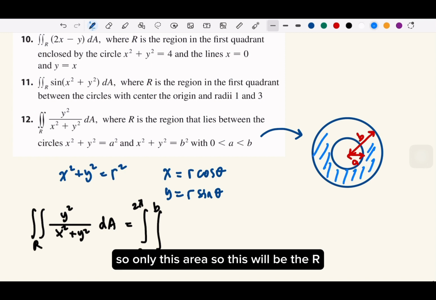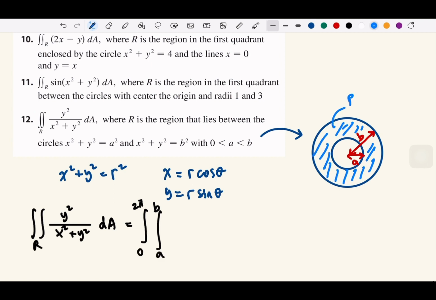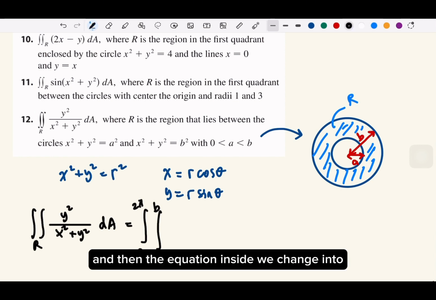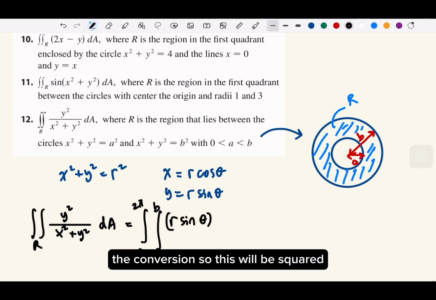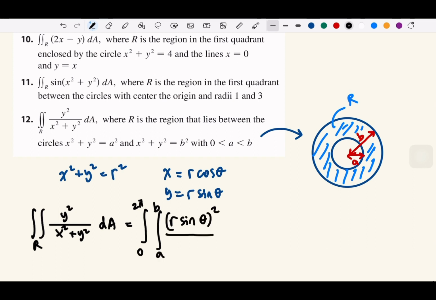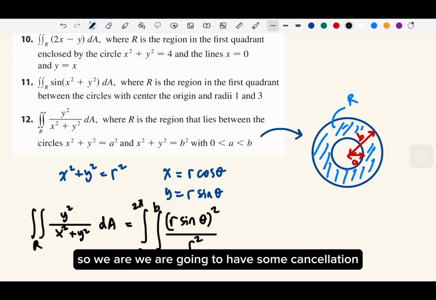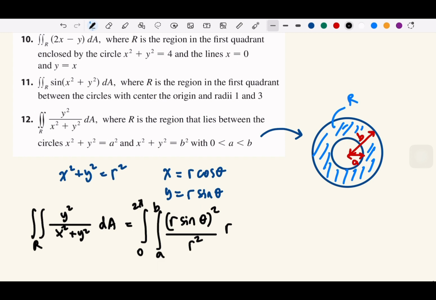So this will be the R. And then the equation inside we change using the conversion. So this will be squared, and this will be r squared. So we are going to have some cancellation. Oh, don't forget the r, dr, d theta.